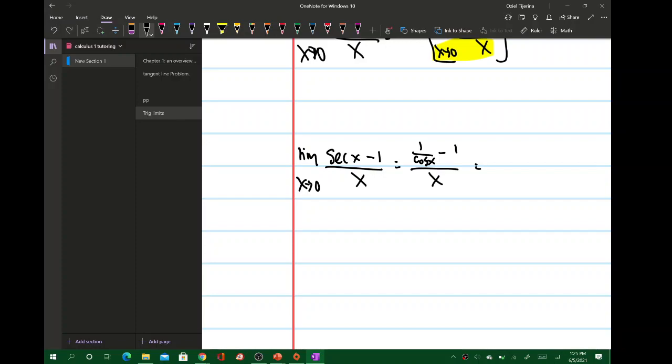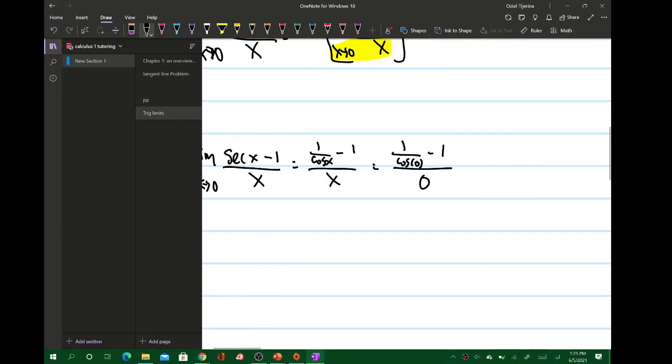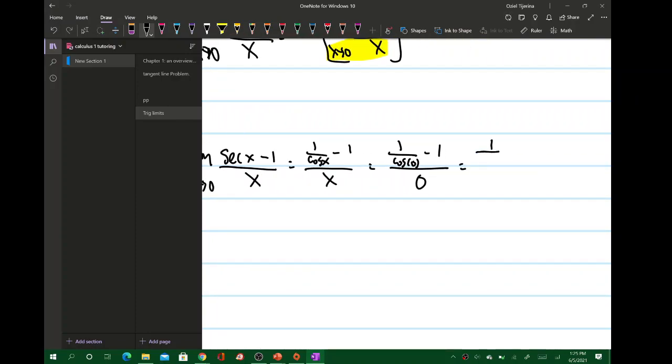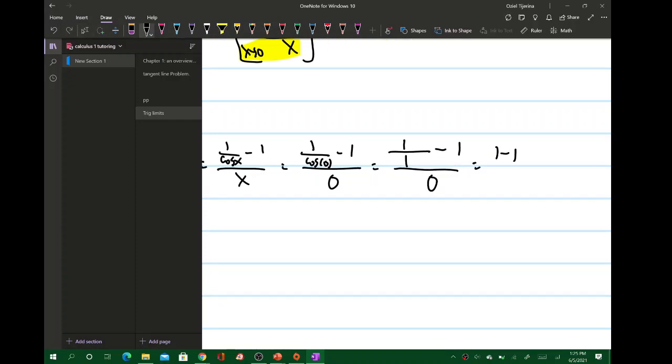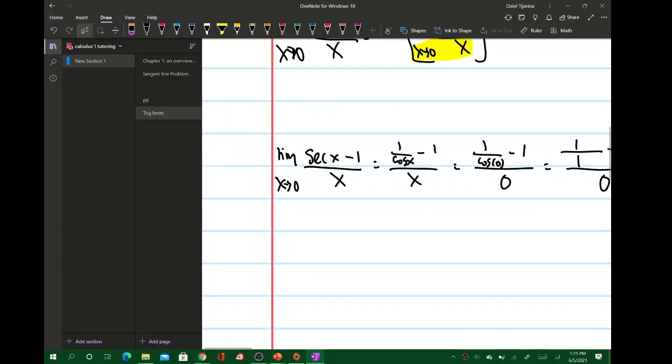If we do direct substitution, we get 1 over cosine of 0 minus 1 over 0, and cosine of 0 is 1, so 1 over 1 minus 1 over 0. This is 1 minus 1 over 0, which is just 0 over 0, oh no, right? So what are we going to do?